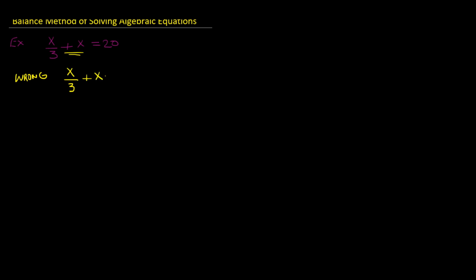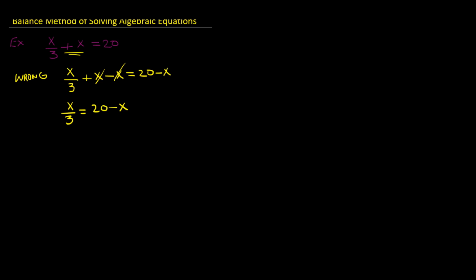If you want to remove this, you just add minus x. You can remove this term. And you have to do the same on the other side. So you get 20 minus x. So the term is removed from the left hand side and you are left with x divided by 3 equals 20 minus x. So what happened now?